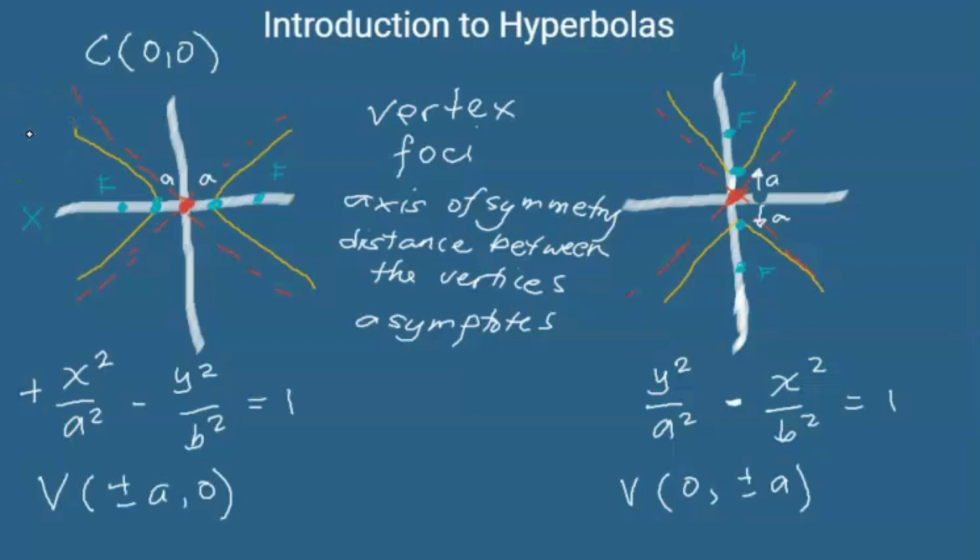Now the distance between the center and the foci is what we will denote as c. So center to foci is c. It is true with the vertical one as well. So this is center to foci c.